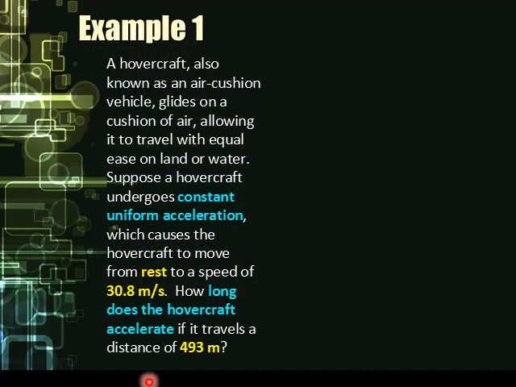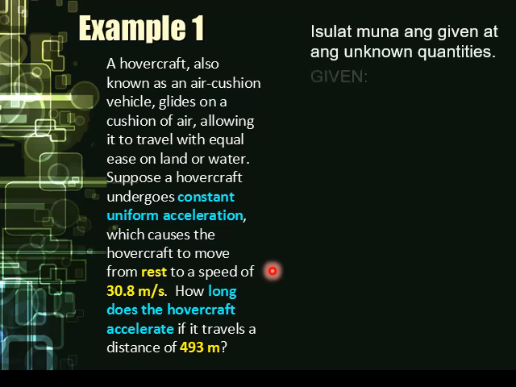Okay, so again, para ma-solve natin siya, kailangan muna natin i-identify yung ating mga given and unknown quantities. Okay, so ang given natin, okay, initial velocity natin is 0. Okay, bakit sinabing 0? Again, kasi sabi dito, the hovercraft to move from rest. Okay, nag-start siya from rest. Kaya initial velocity is 0. So, next velocity niya, final velocity is 30.8 meters per second.